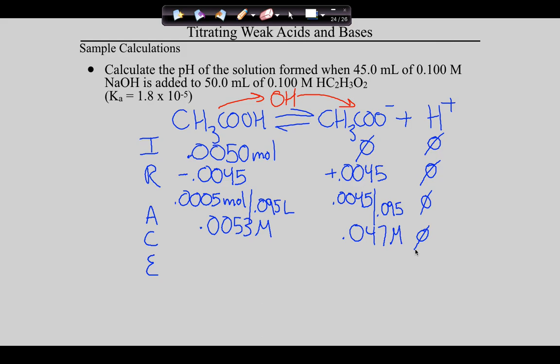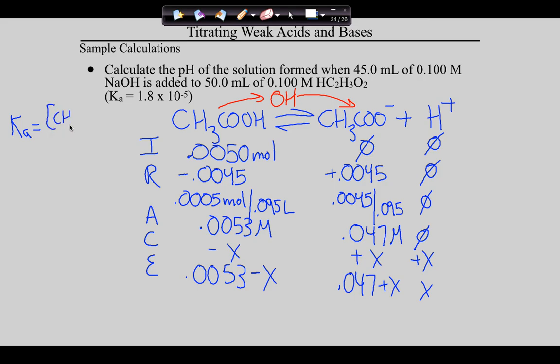Then, guys, following from there, minus x, plus x, plus x. So we have 0.0053 minus x, 0.047 plus x, and x. At this point, it would probably be wildly unsatisfying to not finish this, right? I know. All right, so I'm going to do it over here. Ka is equal to, if we're going to do it, let's do it right.